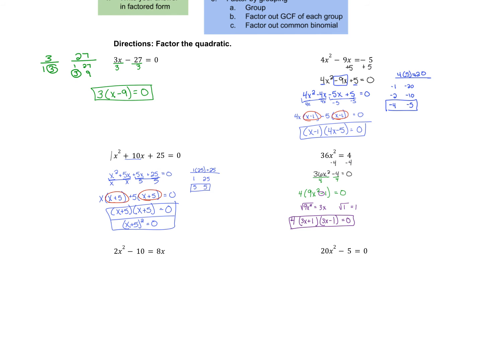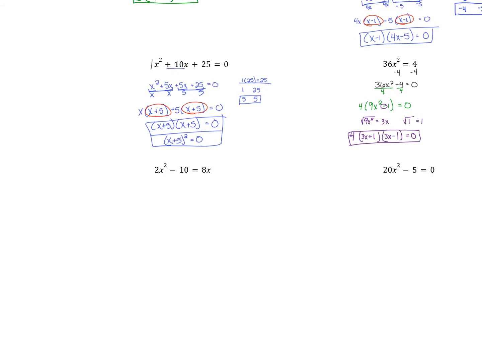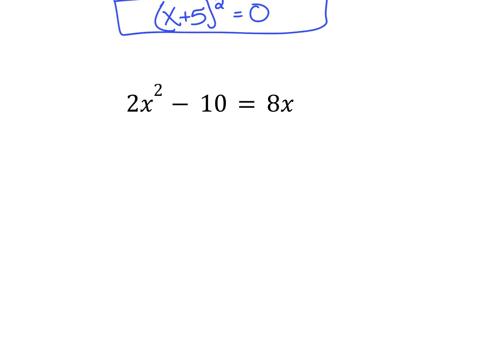So those are all the different types of ways we know how to factor. As we continue, hopefully this is all just coming back to you because we have done this multiple times this year so far. So on this next one, I see it's not in standard form, so let's go ahead and put it in standard form first. When I'm subtracting this 8x, it has an x, and I know x needs to be in the middle. So I'm going to put 2x squared minus 8x minus 10 is going to equal 0.